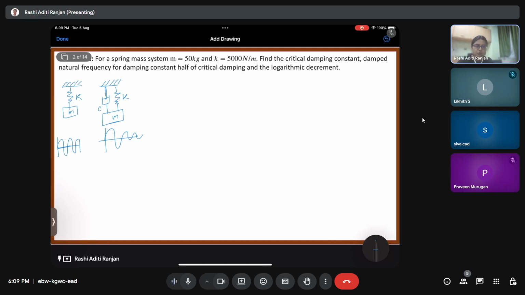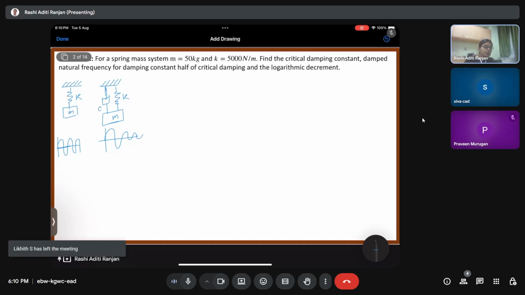One was overdamped, underdamped, and critically damped. Critically damped is the case when there is no vibration and the system settles down to the equilibrium point without any transient vibration, right? So depending upon the critical damping, we find out whether the system is underdamped, overdamped, or exactly critically damped.